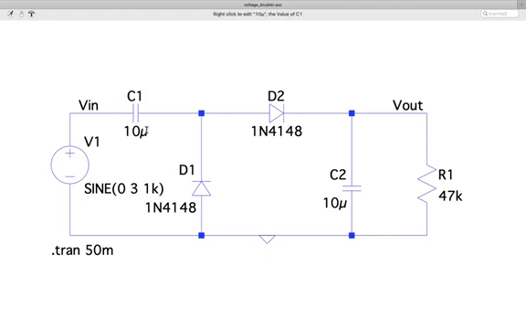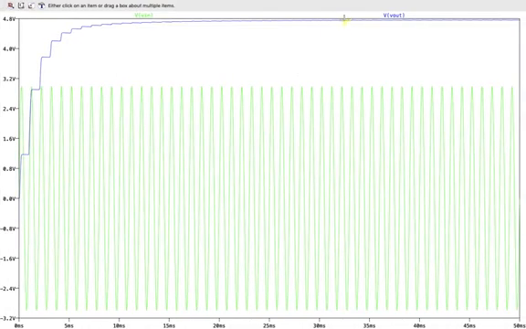So because of these two diode drops, around 0.6 and 0.6, although the doubler is supposed to give 6 volt, it has come down to 4.8 volt.